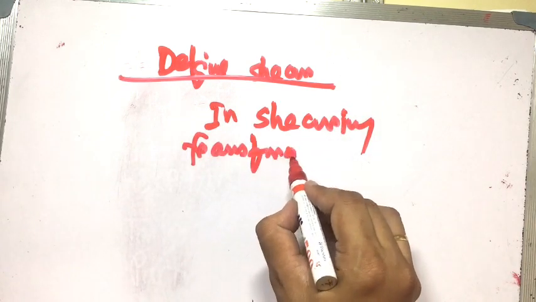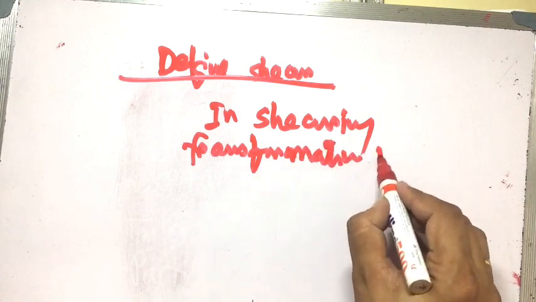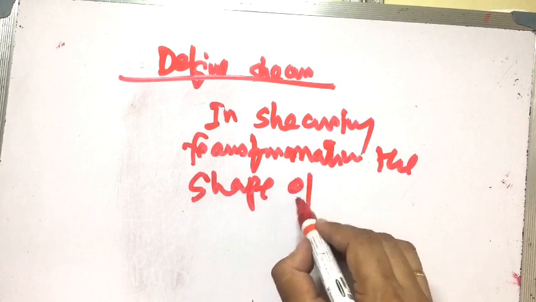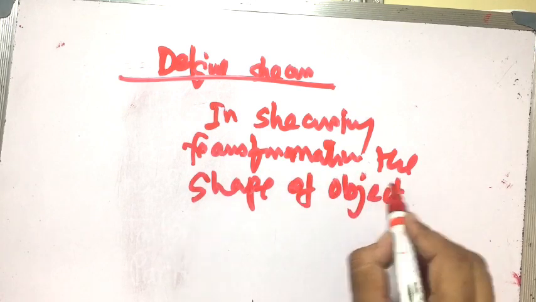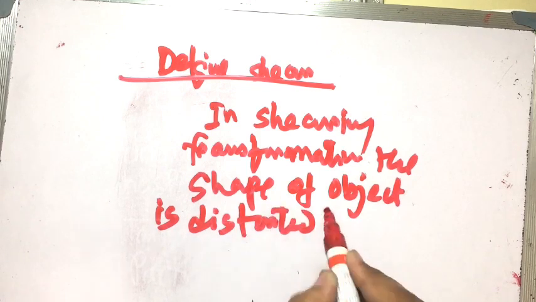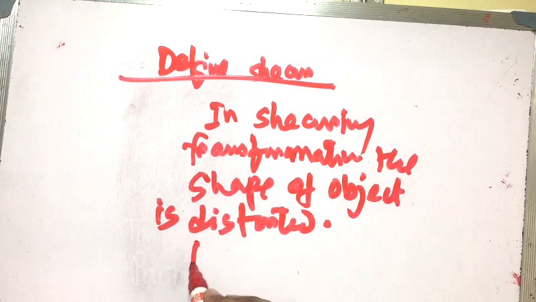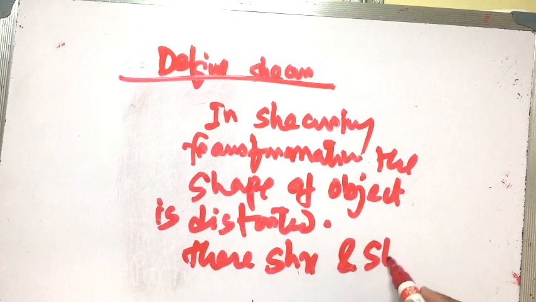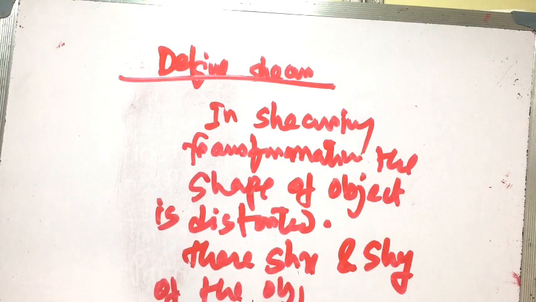In a shearing transformation, the shape of the object is distorted. There is SHX, meaning shear along the x-axis, and SHY along the y-axis.